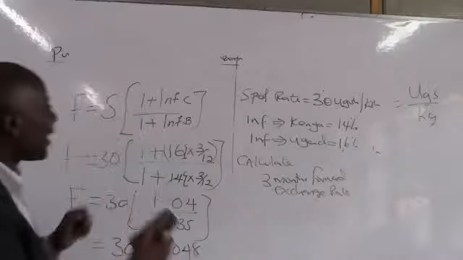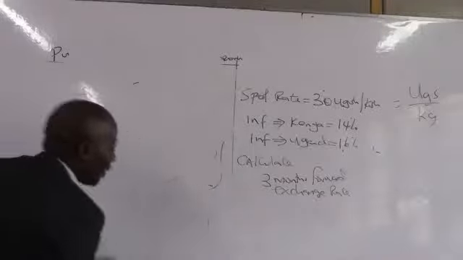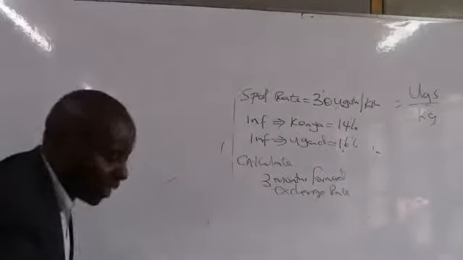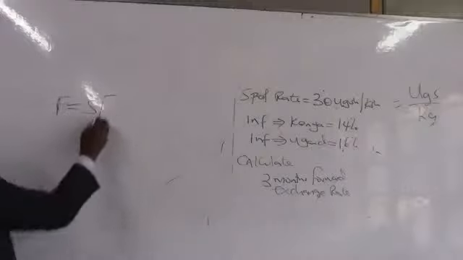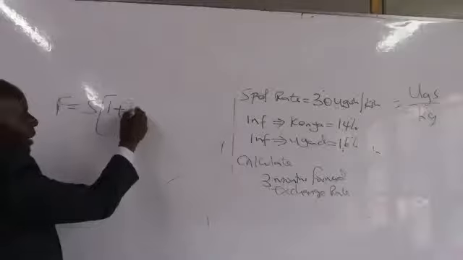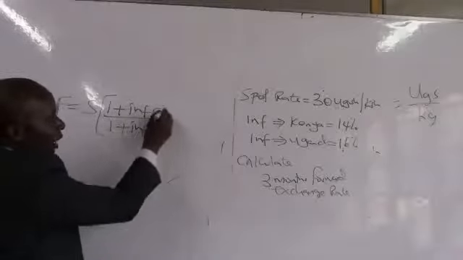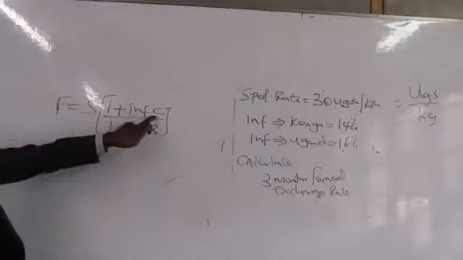So let us repeat quickly. The important thing, ladies and gentlemen, that you should know in forward, and this is very common, is our forward exchange rate formula. Our forward exchange rate equals our spot rate times 1 plus inflation of country C, all over 1 plus inflation of country B. Where most of us go wrong is in defining which country gets the numerator.